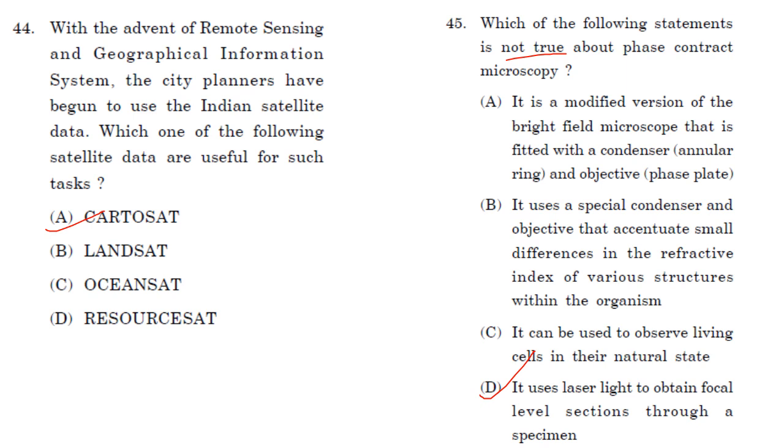Yes, it can be used to observe living cells in their natural state. A, B, C are correct. So they have asked which is not true about phase contrast microscopy. It should be D. It uses laser light to obtain focal level section through a specimen. It does not use laser light. So the answer here is option D.